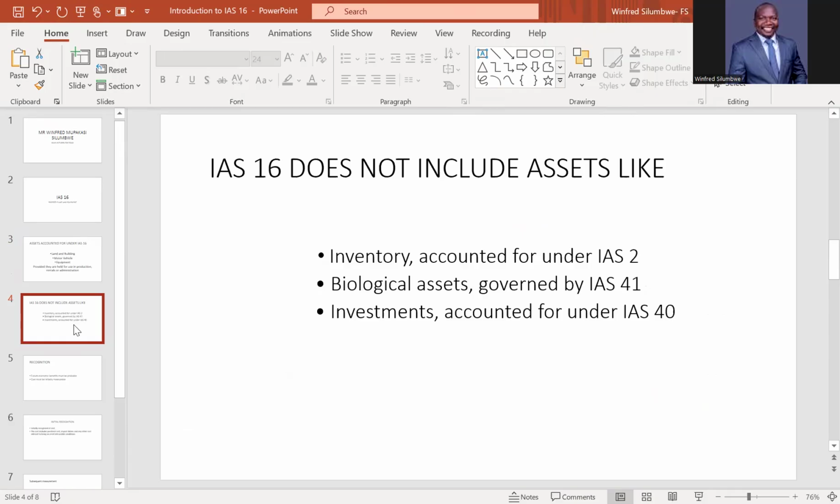We are saying if you have properties whose purpose for holding is to resell and gain value, not just to resell but to regain value, whereby this year it's 15,000, next year it will be 30, then that asset, do not account for it under IAS 16, but take it under investment, IAS 40.